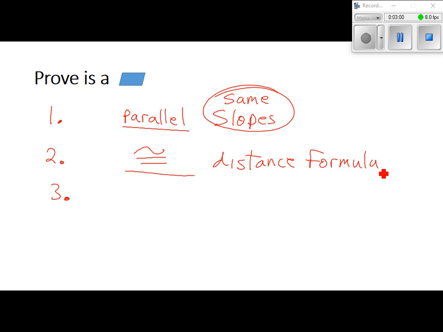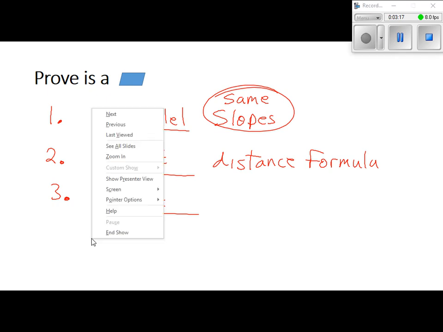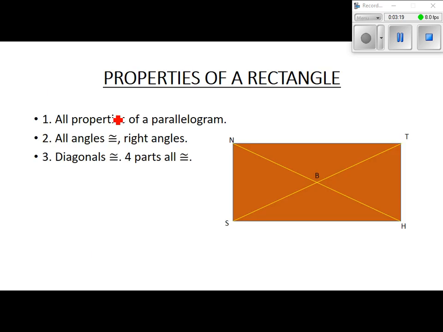Then the third one, both pairs of opposite angles have to be congruent. Again, there's a whole bunch of ways to prove something is a parallelogram. Those are three of them. If you see those things, then you know that it's a parallelogram.